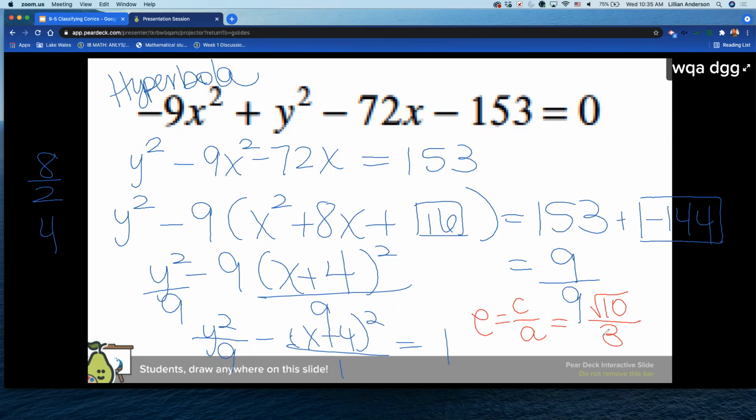And A was 3, because remember, 9 is equal to A squared. 1 is equal to B squared. So when you use that formula of C squared equals A squared plus B squared, you are just plugging in those values from your standard form. Now squaring 9, I think some of you might accidentally square 9, okay? But that is how you classify conics.